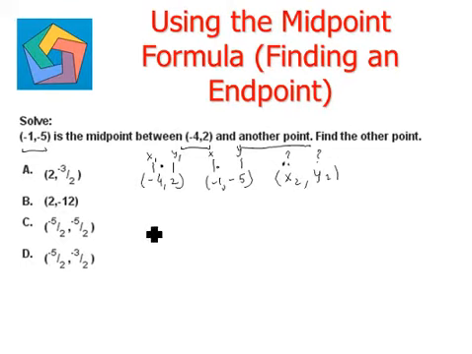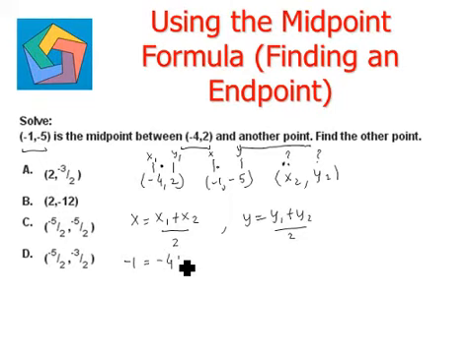As per the midpoint formula, x equals x1 plus x2 divided by 2, and the y coordinate of the midpoint is y1 plus y2 divided by 2. Here we will be plugging in our values. We know x is -1, x1 is -4, plus x2 we have to find out, divided by 2.